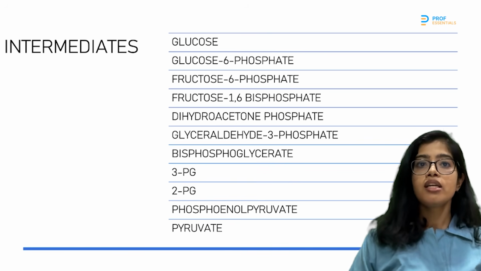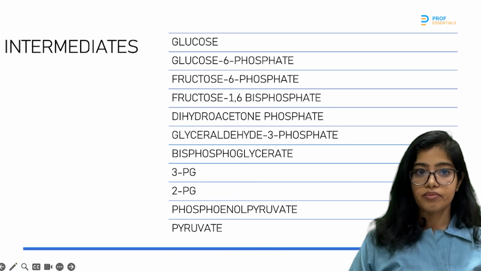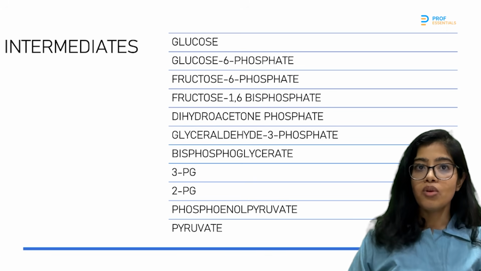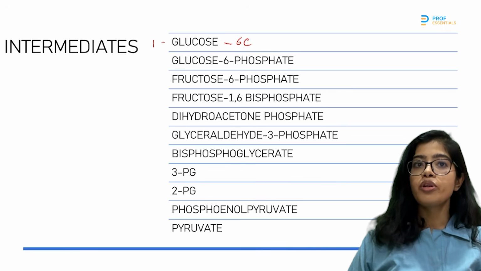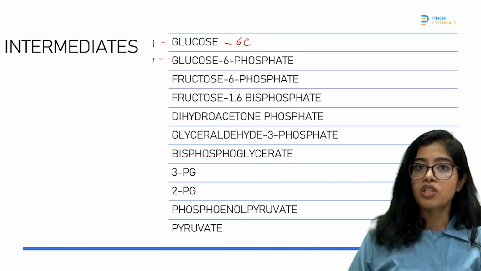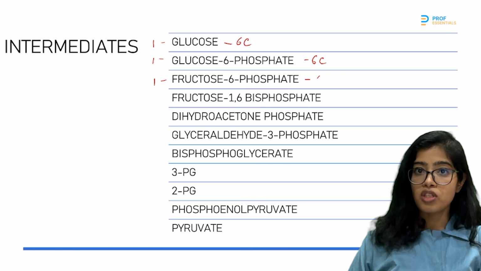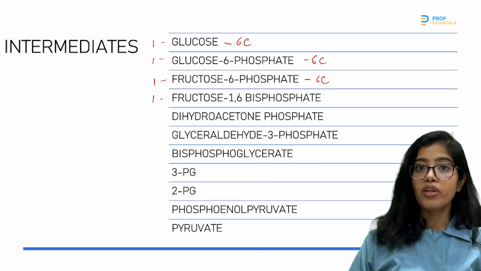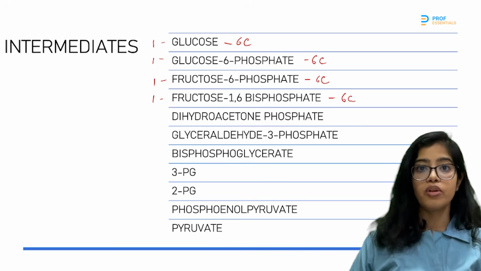What are the intermediates? Starting with glucose. Glucose is a 6 carbon compound. Suppose we have one molecule of glucose. One molecule of glucose produces one molecule of glucose 6 phosphate, again a 6 carbon compound, which converts to one molecule of fructose 6 phosphate, which is again a 6 carbon compound, which converts to one molecule of fructose 1,6 biphosphate, which is again a 6 carbon compound.